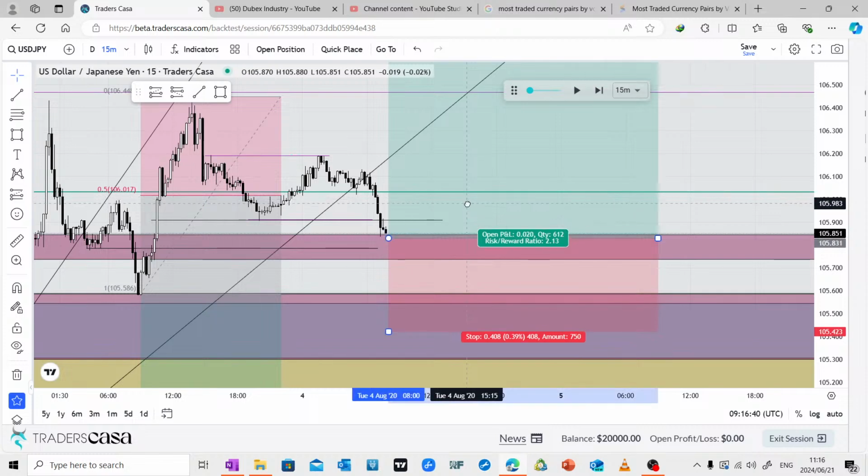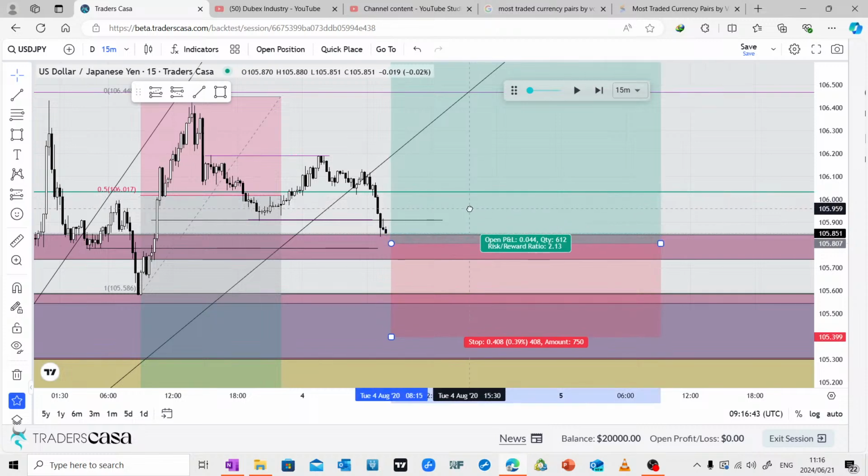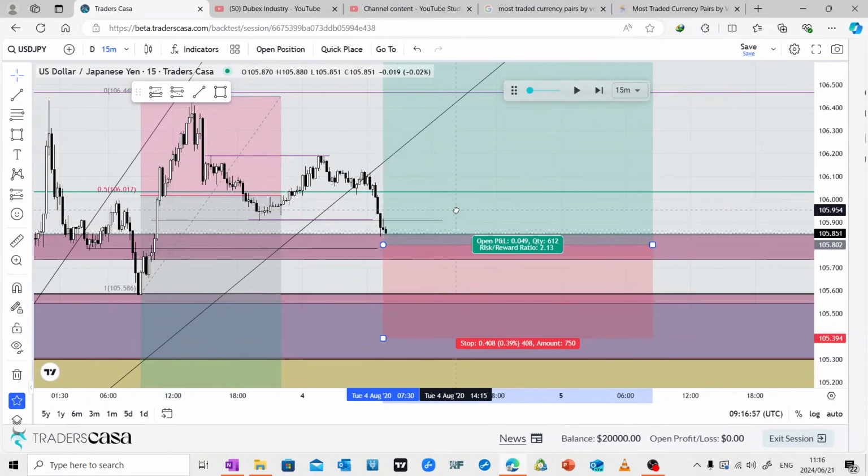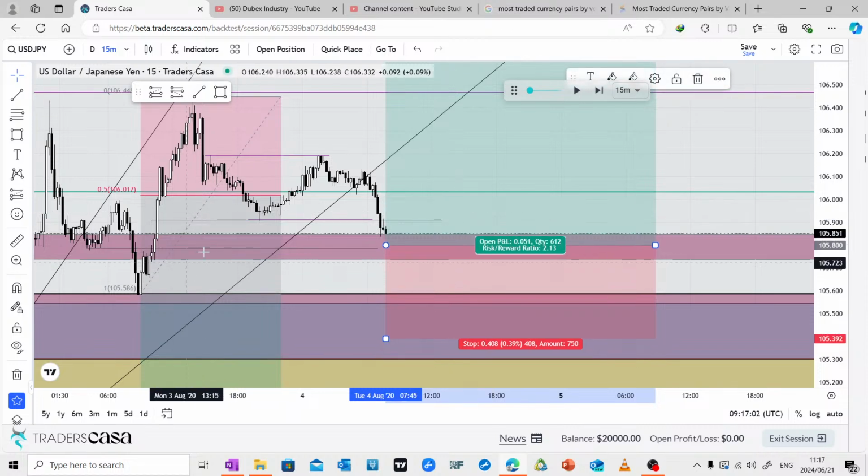What I'd wanna see is, yes, a change in character, but because I know this could be a total soup, we could be pushing to the downside. I'll put my entry just above the middle of the fair value gap that I had there.